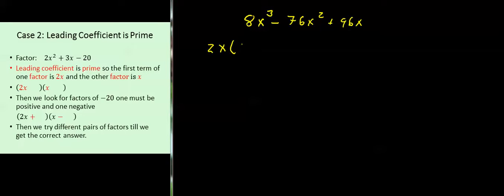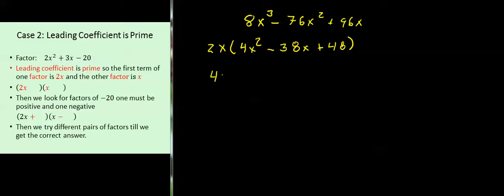And we end up with 4x squared, 2 times 38x plus 2 times 48. Because they're all, again, even, I know that I didn't get the greatest common factor. Common factor is bigger. There's another factor of 2. So I bring that 2 out here.